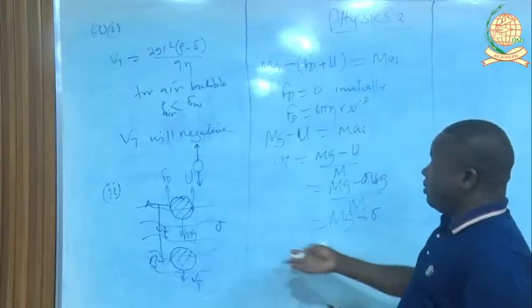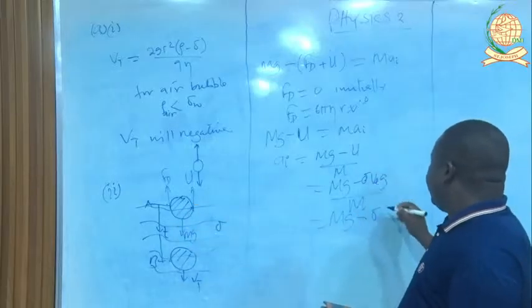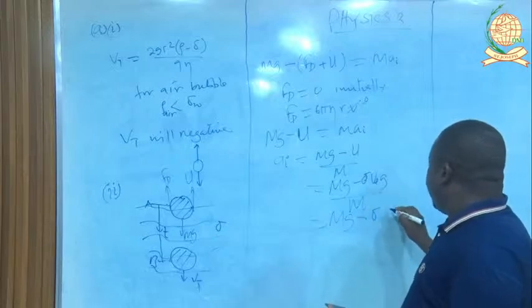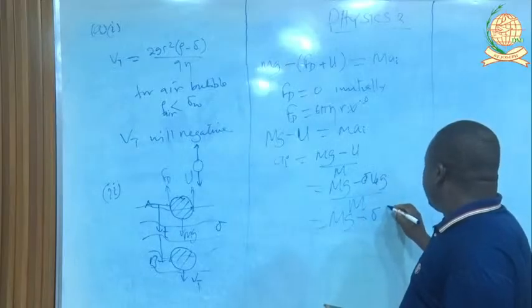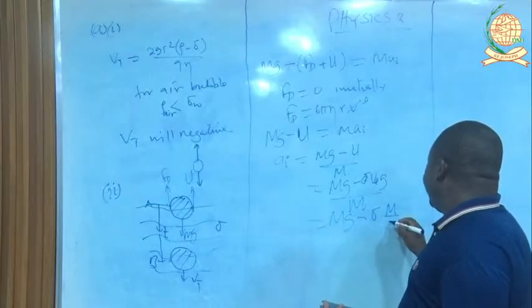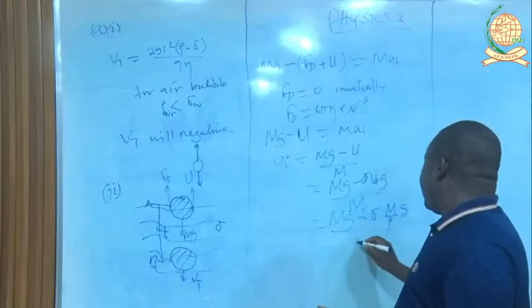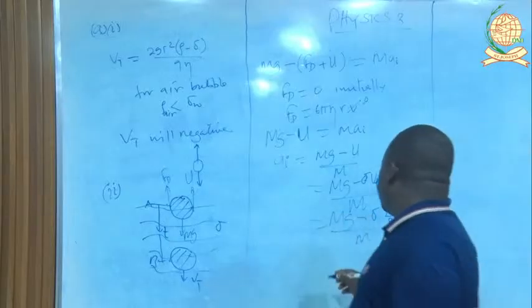Here the density of this sphere we don't have, but the volume of the sphere we can write as the mass of the sphere divided by its density, then times g over M. So M and M cancel out.